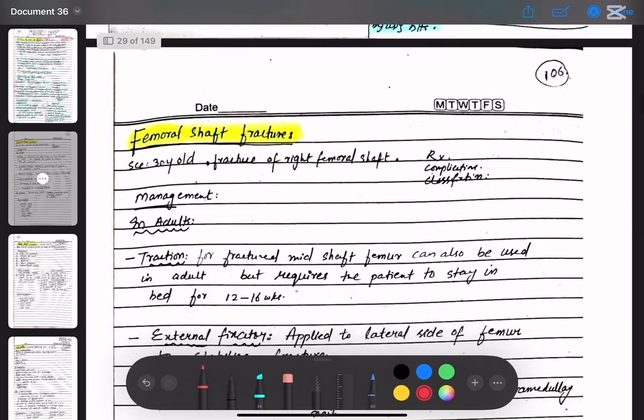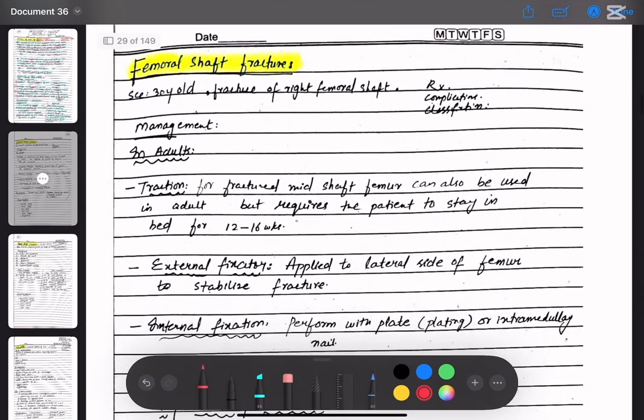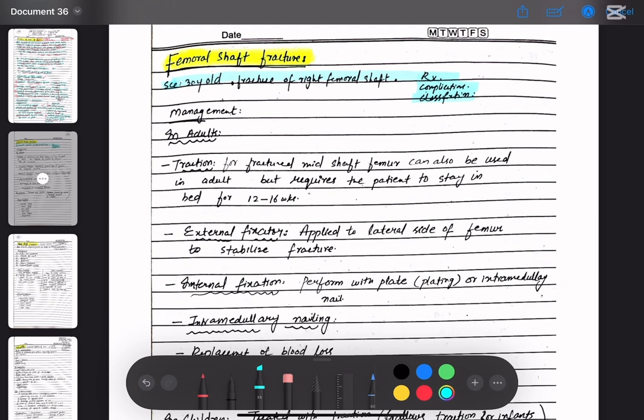Now coming to the next case, that is femoral shaft fracture. We have a scenario in which there is a 30 year old with a fracture of the right femoral shaft. That is, we have a fracture of the femur, but this time the fracture is in the shaft.